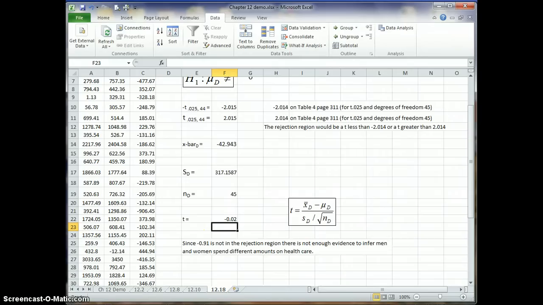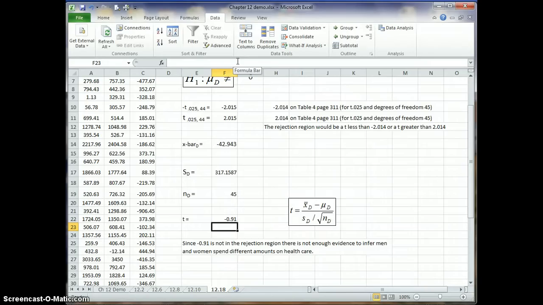And just 1 second. And I have an error in the formula. Here it is. I should have put that all in parentheses. And there we go. It's negative 0.91.